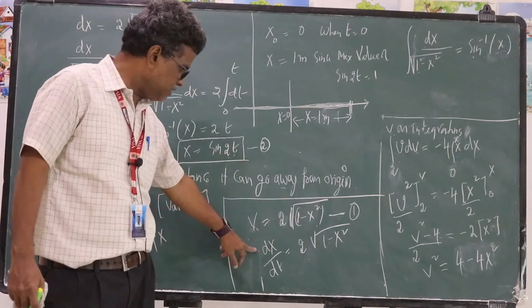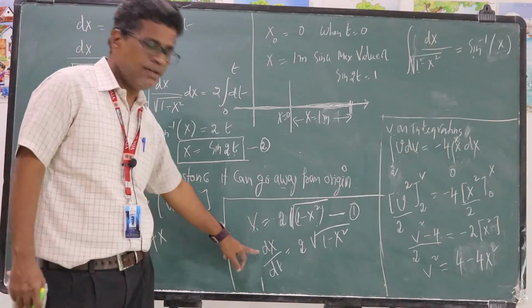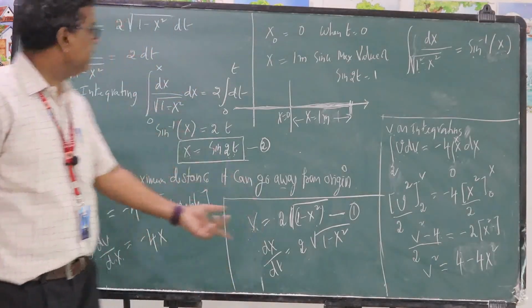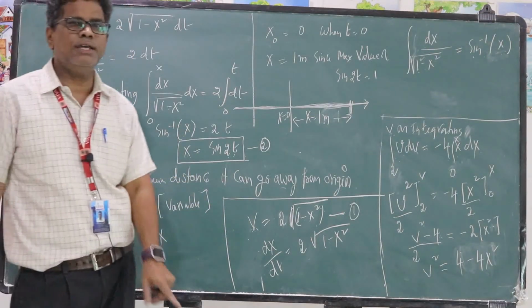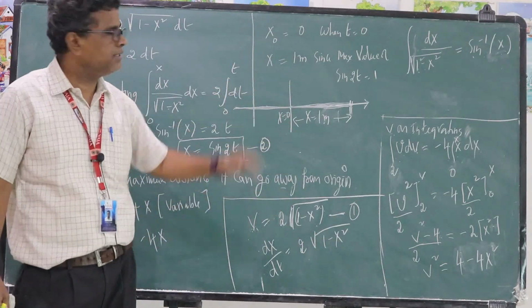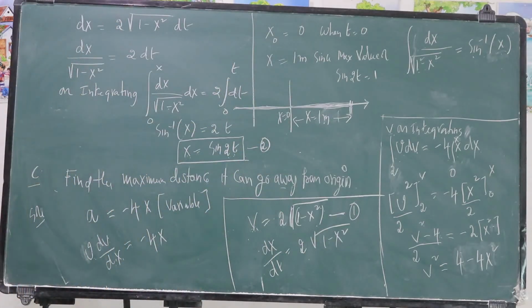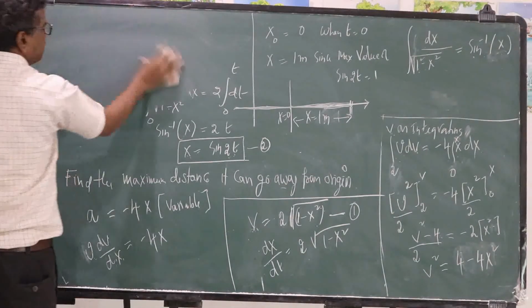In the second step, I want position. So I know velocity, and again I integrated. So I got position. These are the two steps involved in this problem. Clear? Next model.